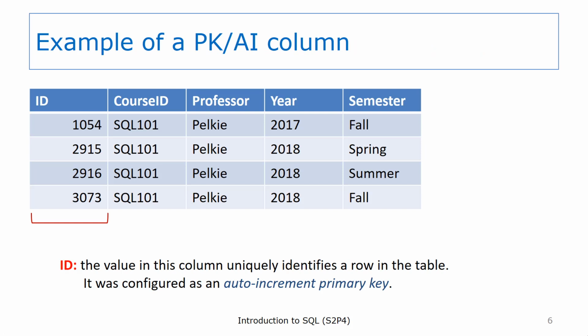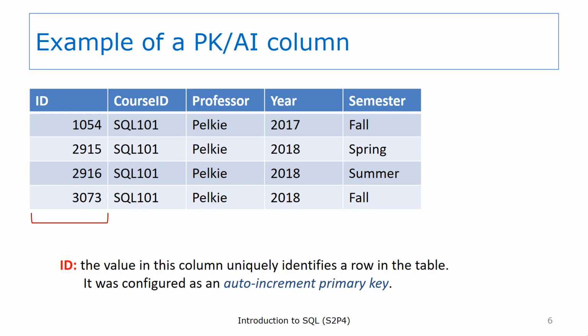Here we see an example of the course catalog table that we saw earlier. This time there is a primary key column named ID. When this table was defined, the ID column was defined as an integer, and the primary key and auto increment attributes were assigned to the column.